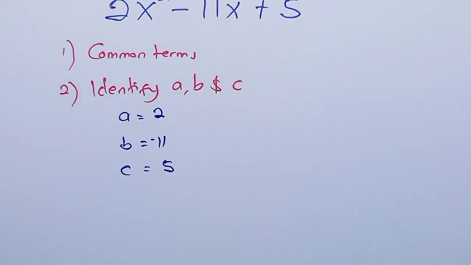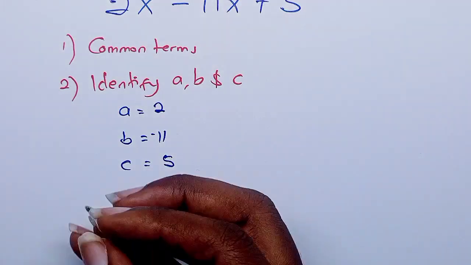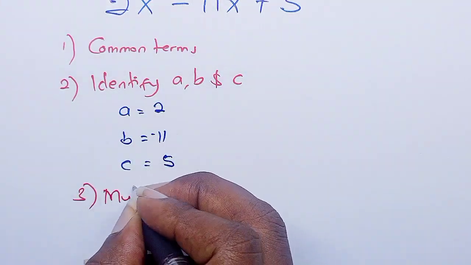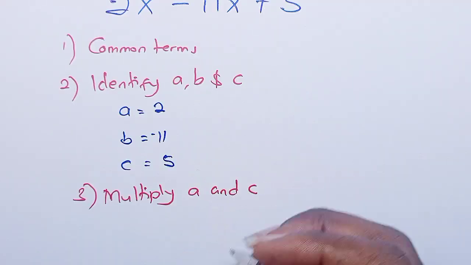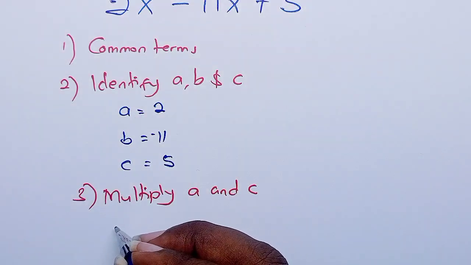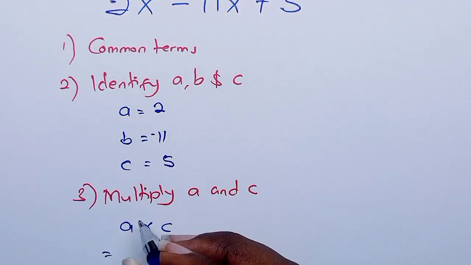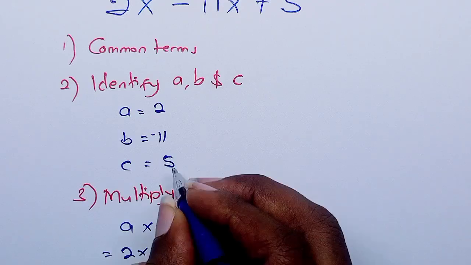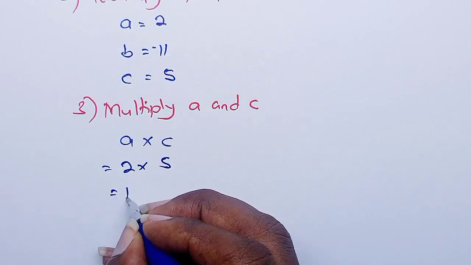After identifying A, B, and C, the next step is to multiply A and C. So A times C will be 2 times 5, which is equal to 10.